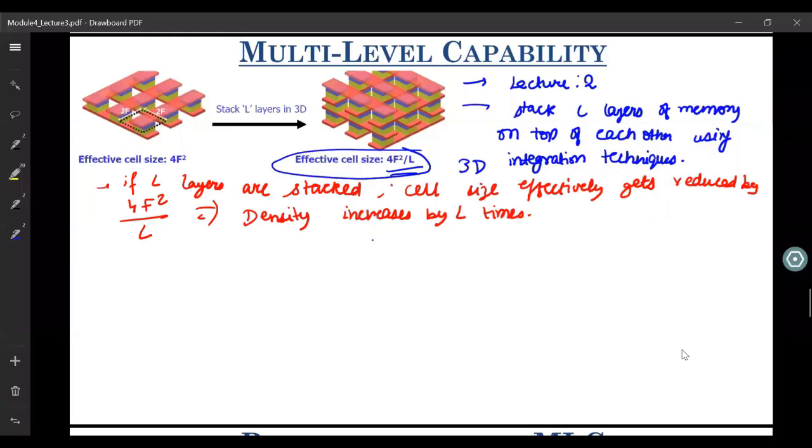Now the question that arises here is, can we have a similar increase in the density without stacking different layers in 3D? Yes, we can have such a provision. So when will that provision be there?